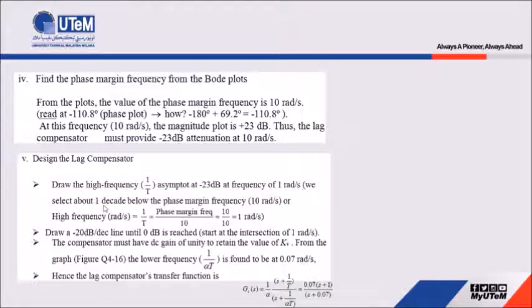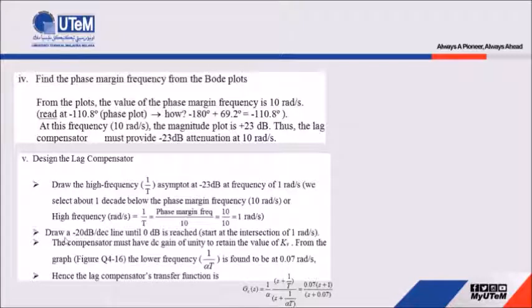We can select about 1 decade below the phase margin frequency of 10 radian per second. One decade below means we just divide by 10, so the asymptote occurs at 1 radian per second.